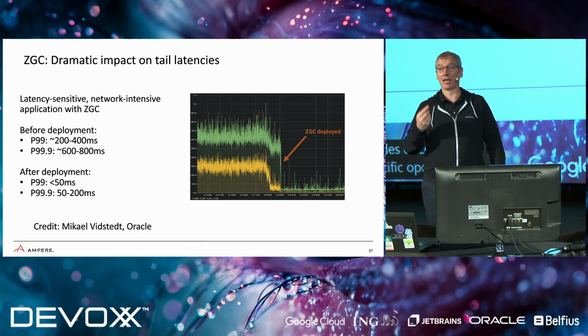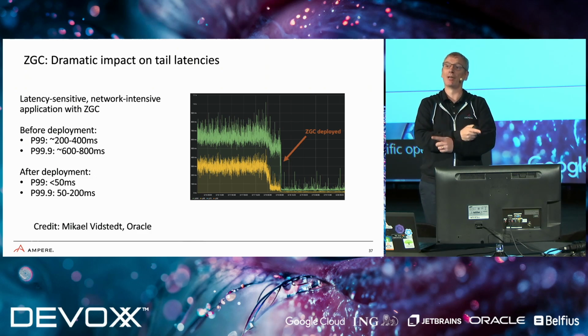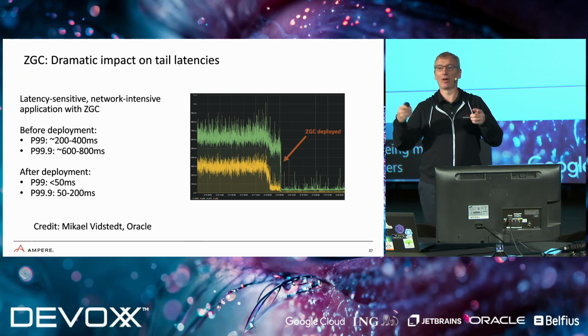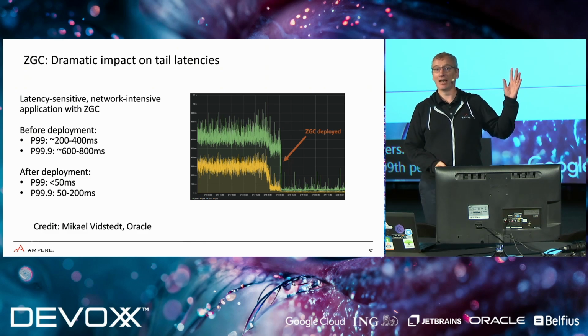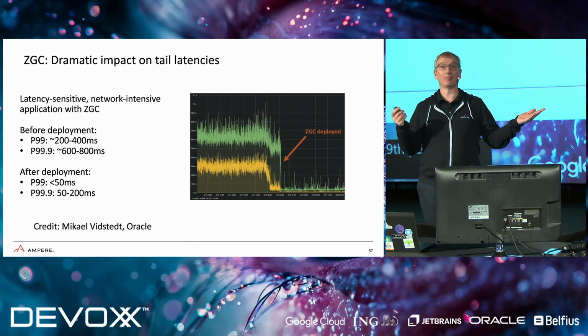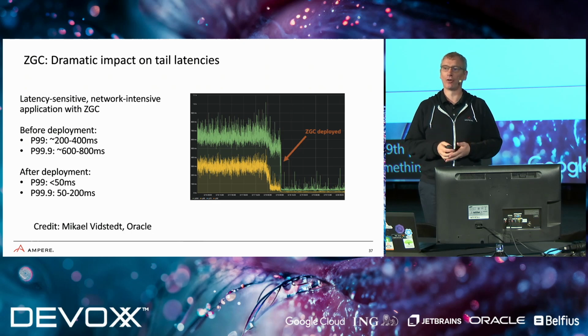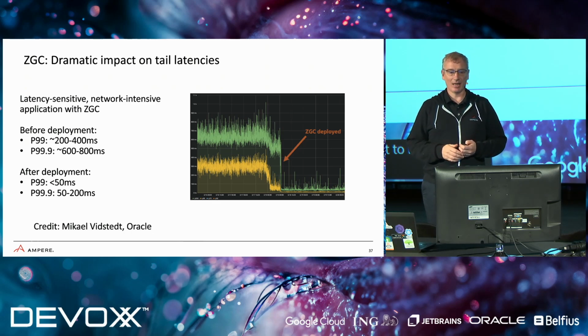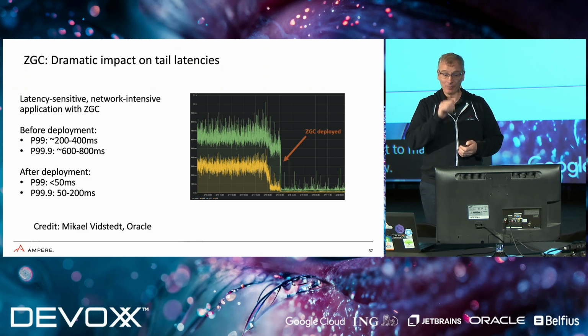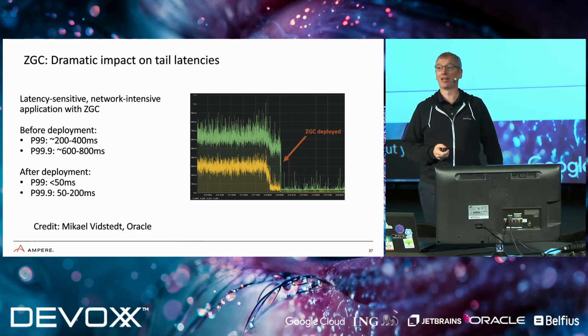So your 99th percentile actually ends up being more like your median performance for your end users, right? If something takes whatever it takes in the 99th percentile, you're going to want to make sure, for something like an in-memory database, that your tail latencies are really, really low. So care about your tails. And if you do care about tail latencies, then ZGC is the garbage collector for you.